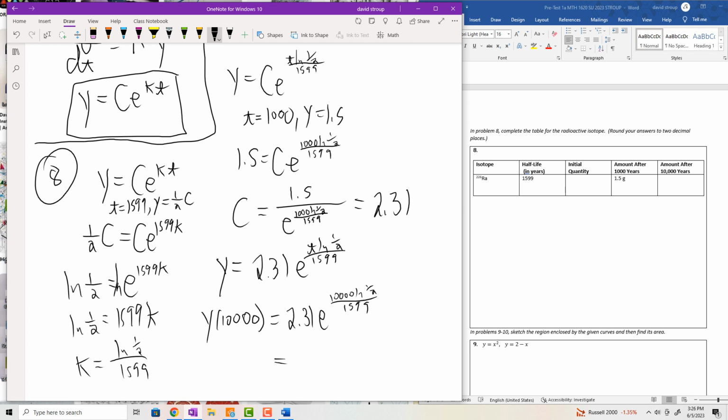There you are. Getting 0.03 grams. Okay, so yeah, there'll definitely be a chart problem. Probably one of the radioactive decay problems. I don't think I'll do the doubling time.